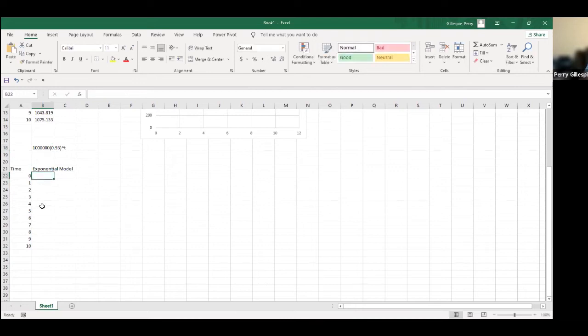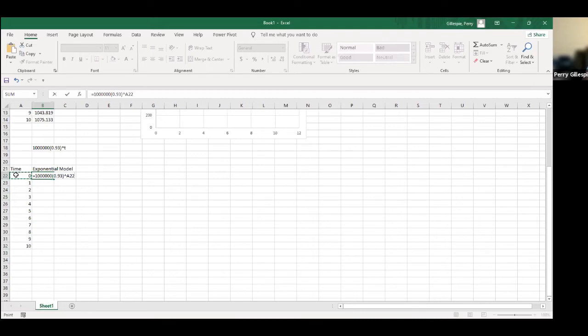So remember, we're going to say equal 1 million, open parenthesis, 0.93, close parenthesis, caret, and then in this case, it's going to be A2 that I'm going to put in there because I want that 0 to be there. Any questions?